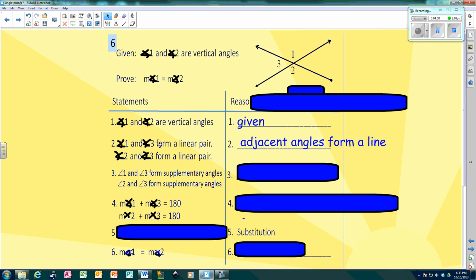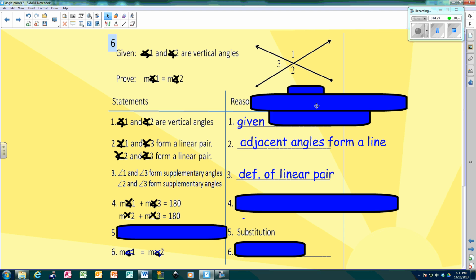If 1 and 3 form a linear pair and 2 and 3 form a linear pair, then it's safe to say that angle 1 and angle 3 form supplementary angles, as do angle 2 and angle 3. And I know this, looking at the previous one, because that's the definition of a linear pair.